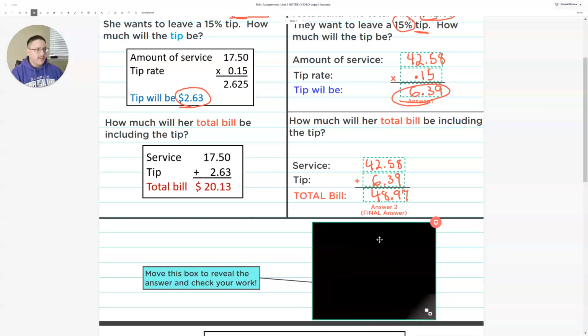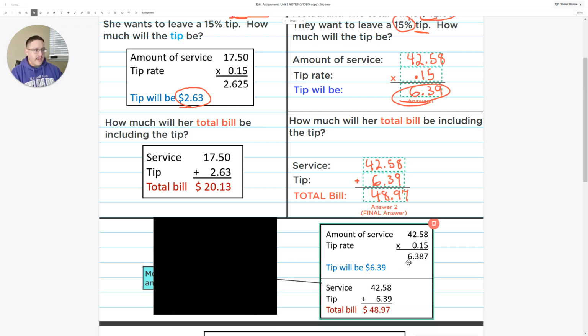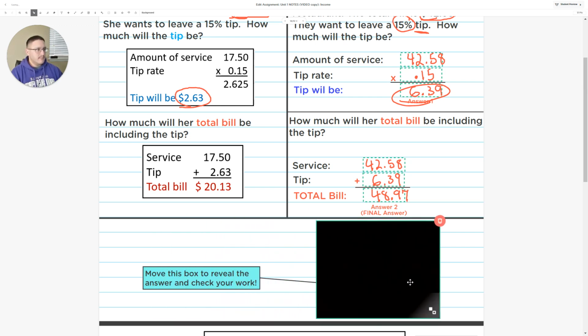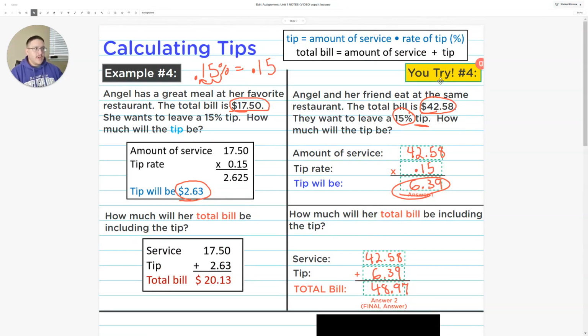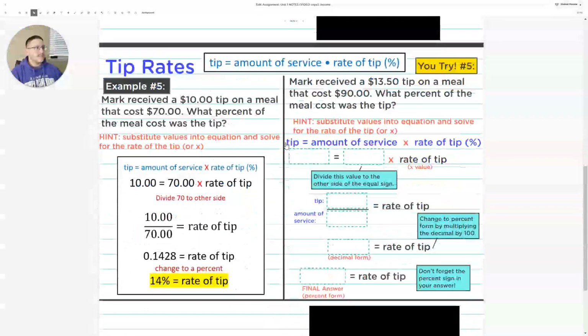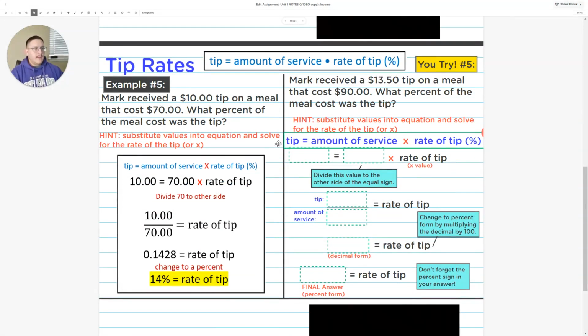Let's check behind the box and make sure we did everything correctly, and yes, we did. That's it for you try number 4. Another example of tips is finding the tip rate.